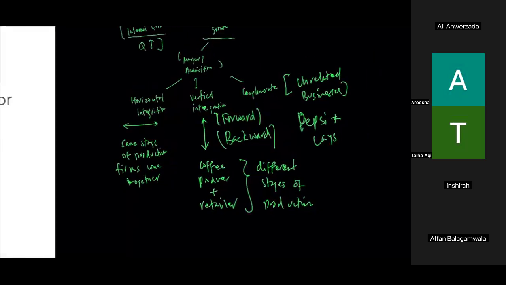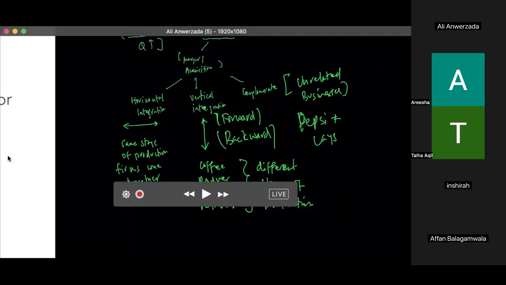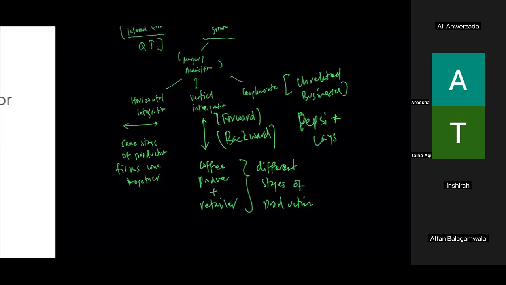Does that make sense? Ayan, what is the Amazon example? Yeah, two different businesses come together, that's a conglomerate. Are we good, guys? Does that make sense? Easy stuff. Any questions?